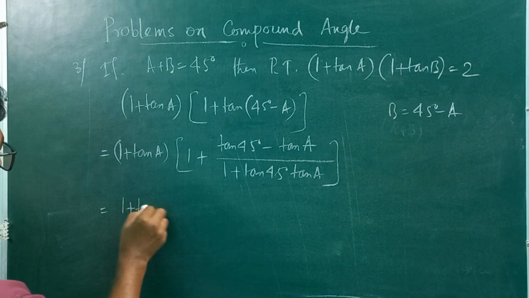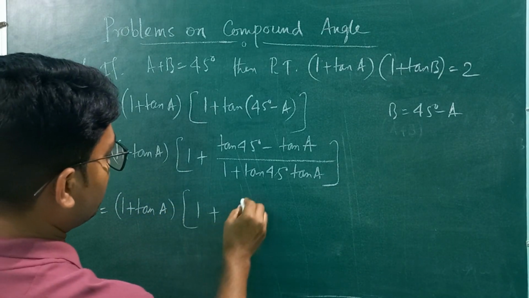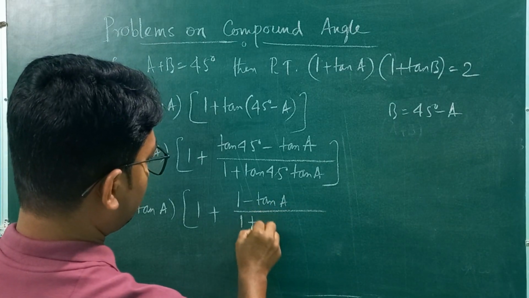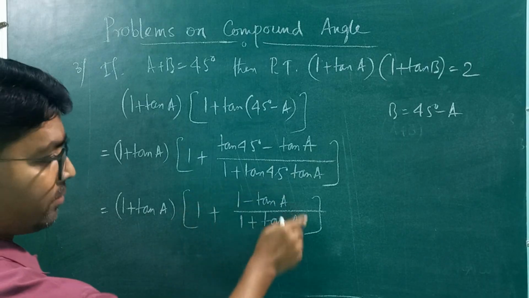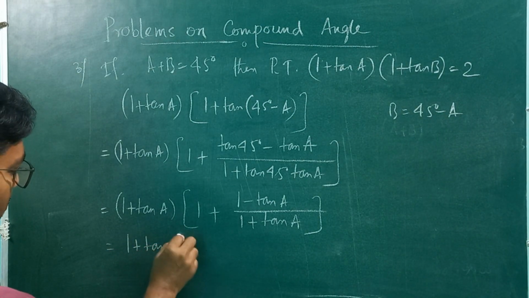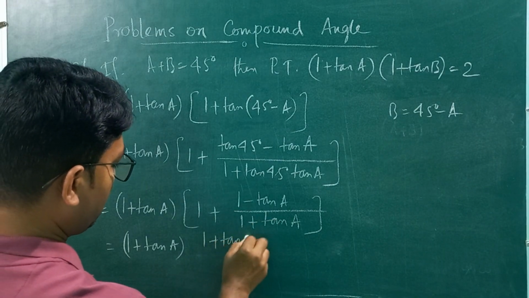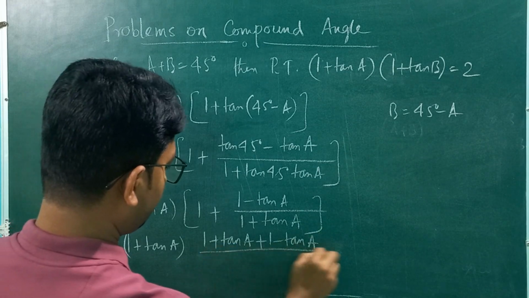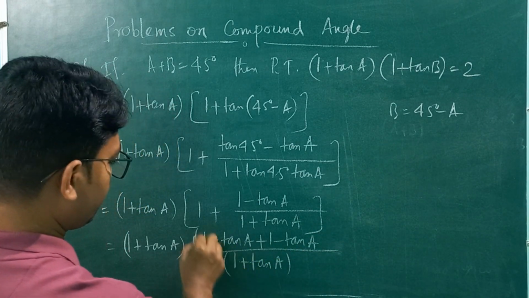So actually it becomes 1 plus 1 minus tan a over 1 plus tan a. Now we add 1 plus tan a. If you add this one, 1 plus tan a, 1 minus tan a, denominator is 1 plus tan a.